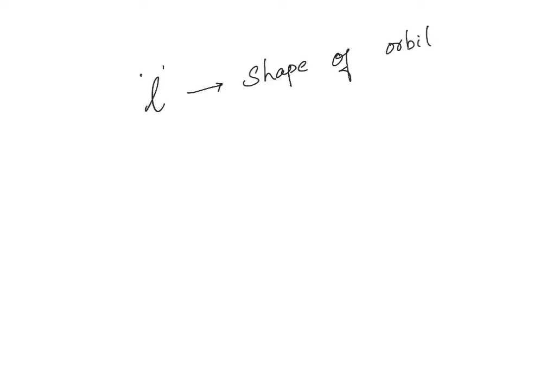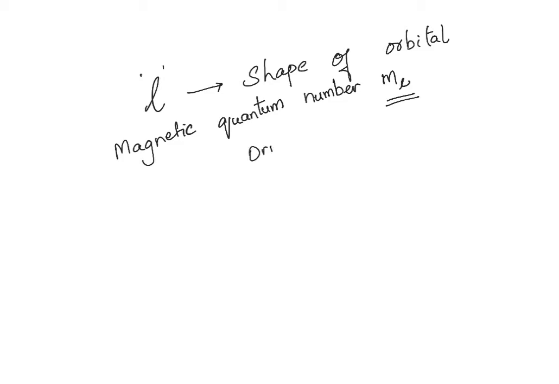The next quantum number, which would be the magnetic quantum number, indicates the orientation of the orbital in space. Okay, so what does that mean?